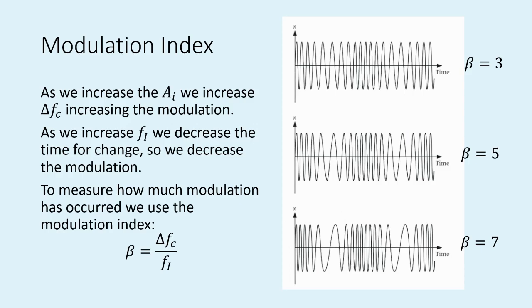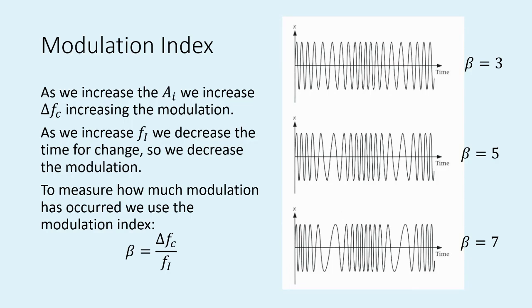Okay, we will want to measure how much modulation we've got. And there are two kind of factors that have a big effect on this. There is the frequency of the information and the frequency deviation. The frequency deviation tells us how far we have deviated from the carrier frequency. So the higher this is, the more modulation we've got.